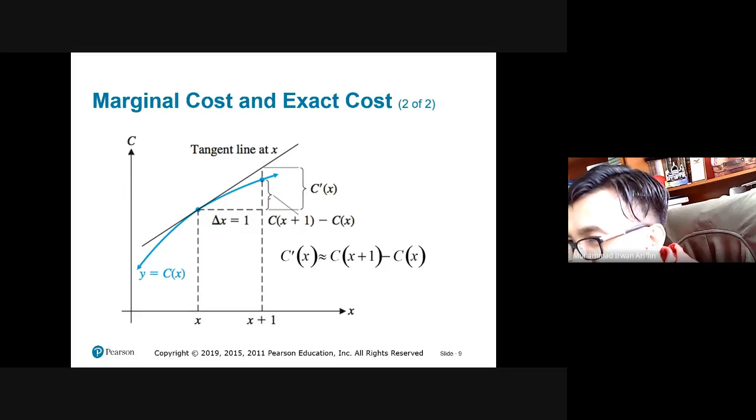The change in total cost is given by this, where this is our C of X, our output, our dependent variable.